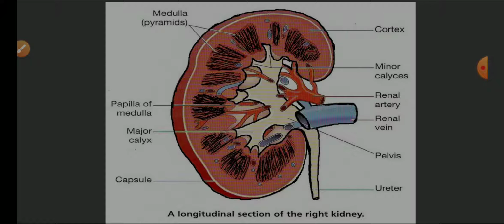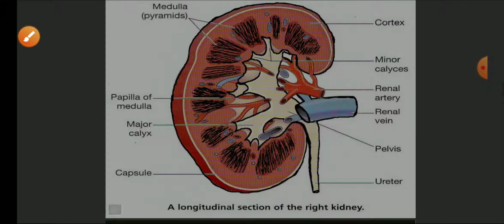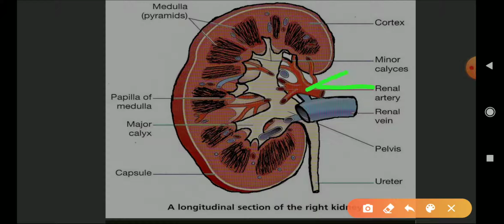The filtrate, that is the urine, is collected by the funnel-shaped structure known as the renal pelvis and brought down to the ureter. So here our renal artery is supplying oxygenated blood, but impure because it contains nitrogenous waste materials like urea, uric acid, creatinine, and a large amount of minerals.